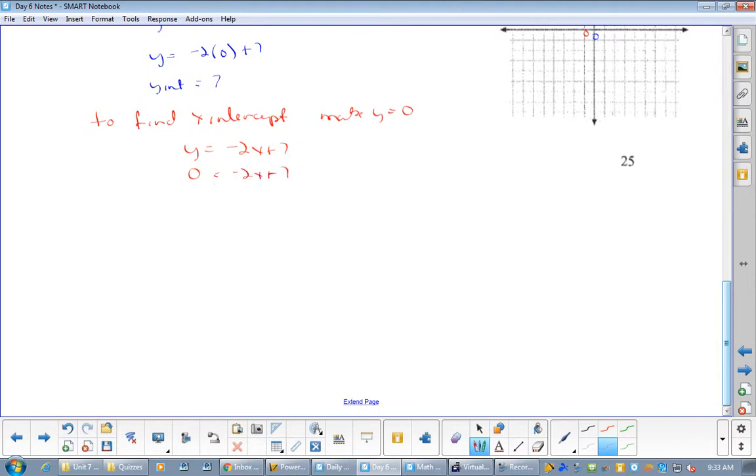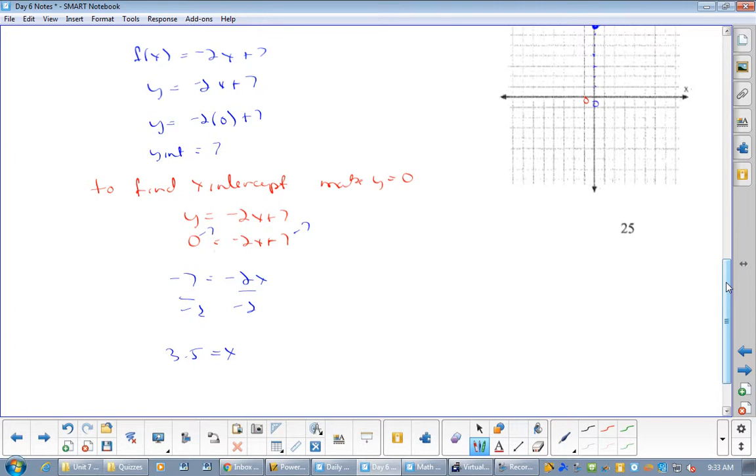Then what do I do? Subtract 7 from both sides. So negative 7 equals negative 2x. Divided by negative 2, 3.5 equals x. So we've got 1, 2, 3.5 is right there. That's my x-intercept.